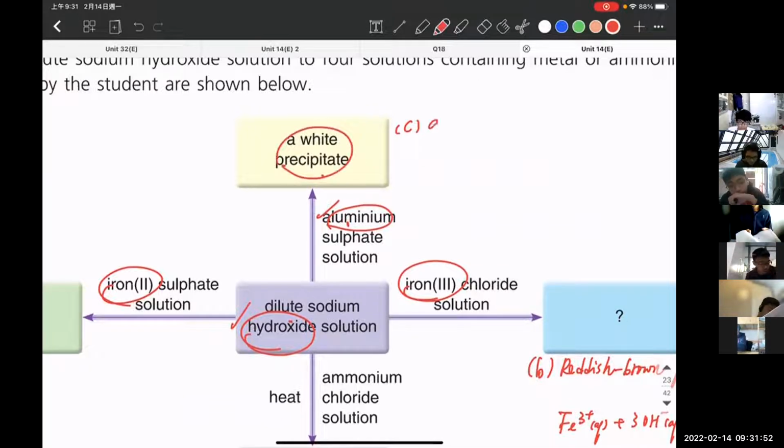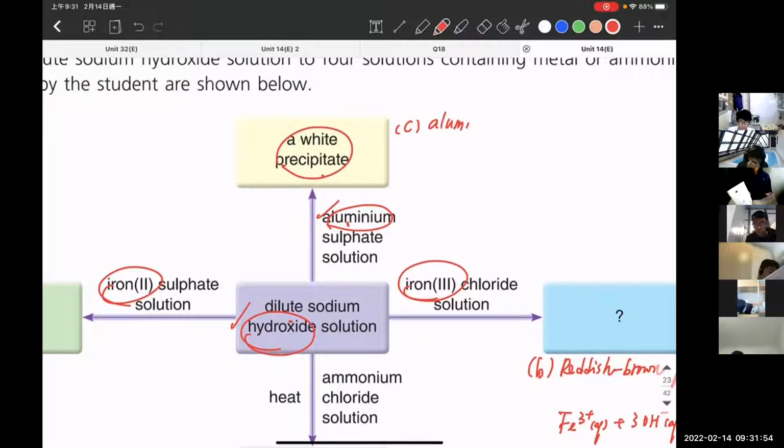Aluminium hydroxide. Yep, aluminium hydroxide. So if you write down the name, the white precipitate is aluminium hydroxide. So indeed, the formula is Al(OH)3.